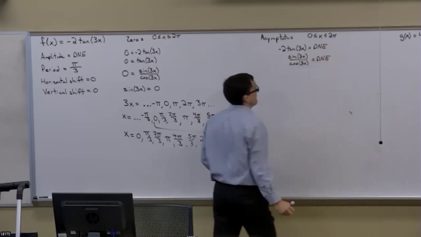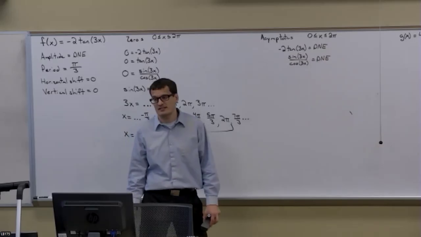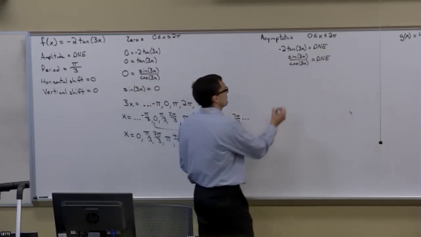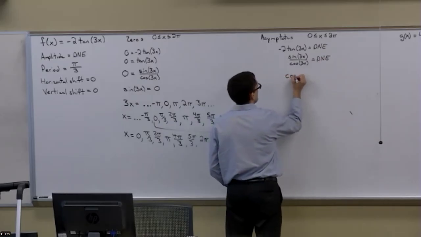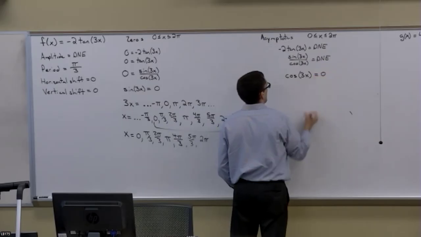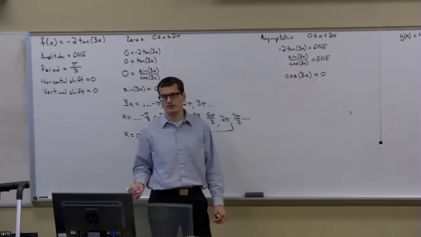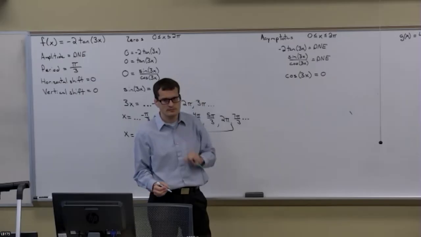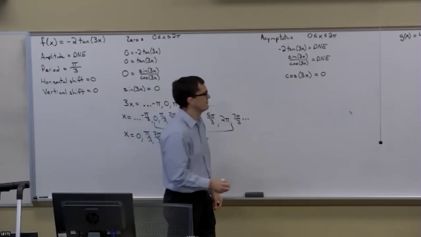And the only way that tangent of 3x does not exist is when cosine is equal to 0. So cosine of 3x equaling 0. So denominator is equaling 0. That's where we get the asymptotes.